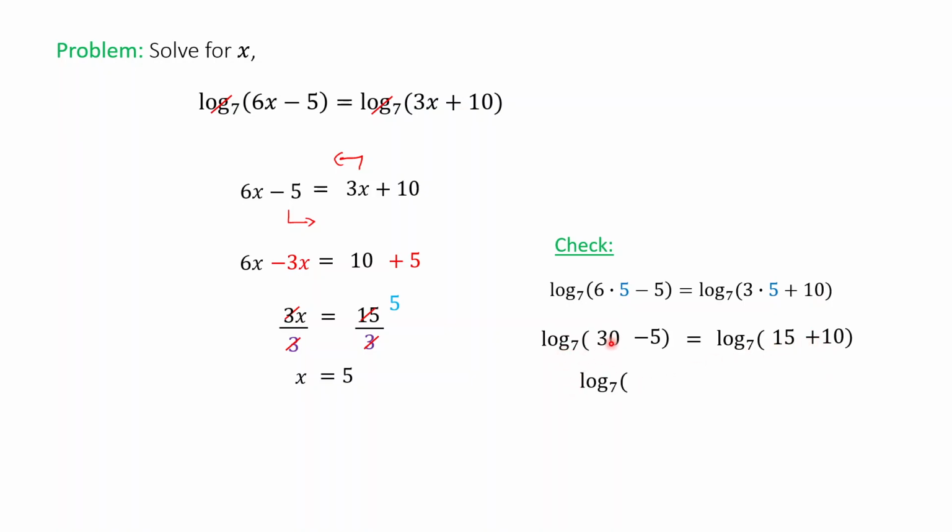Log base 7, 30 minus 5, 25 is equal to log base 7, 15 plus 10, 25. So here when you are checking, you don't cancel the logs. Left hand side is equal to the right hand side. So this is true. So this is the valid solution. So the solution to this equation is x is equal to 5.